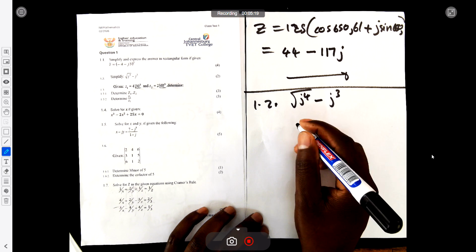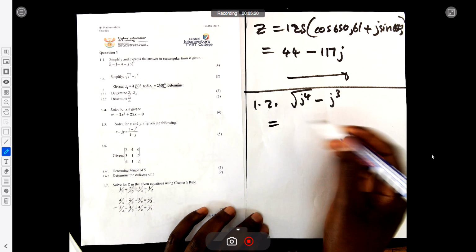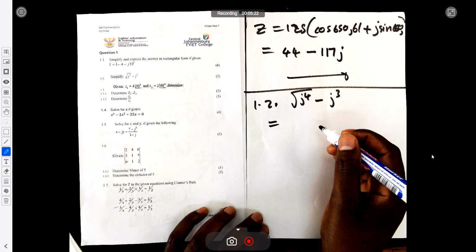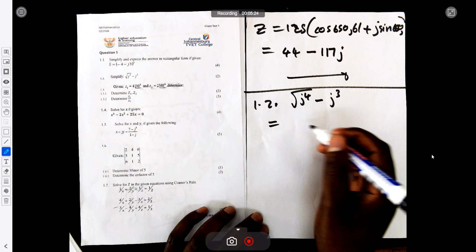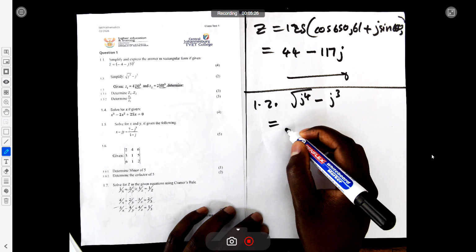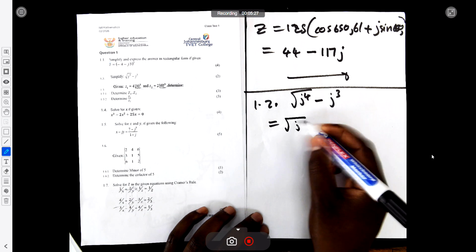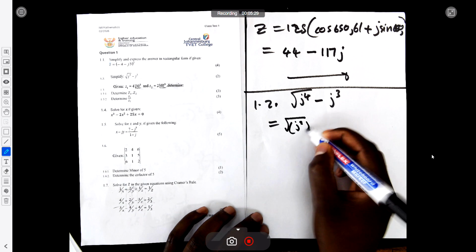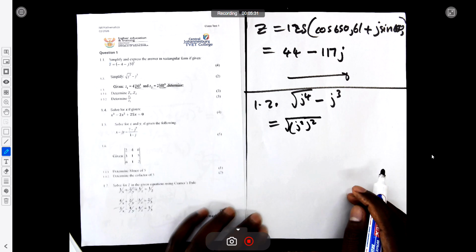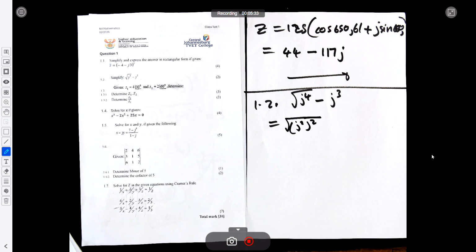So I'll advise that we start this way. First of all, we can express what is inside the root as j to the power of 2, and you can factor one exponent out. So it's j squared, right? J to the power of 4.